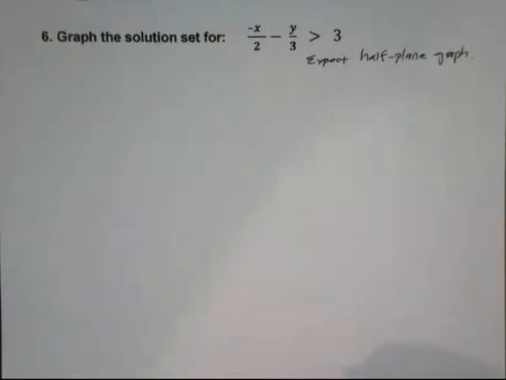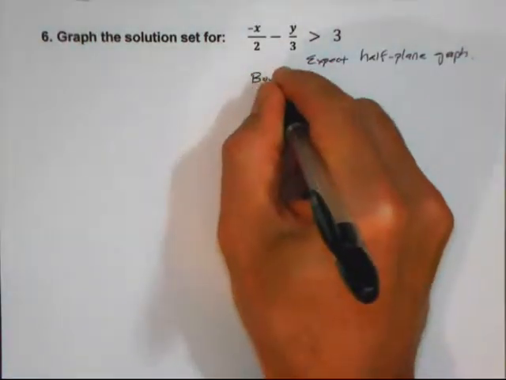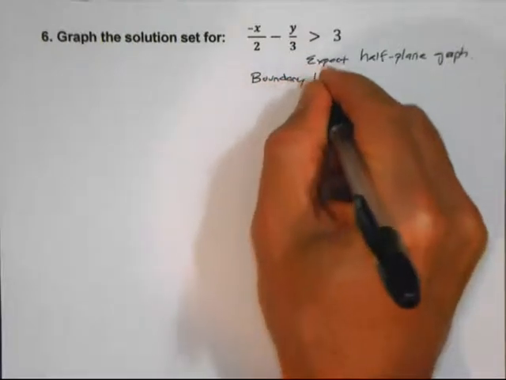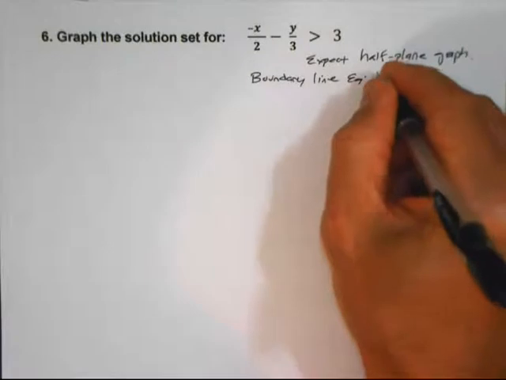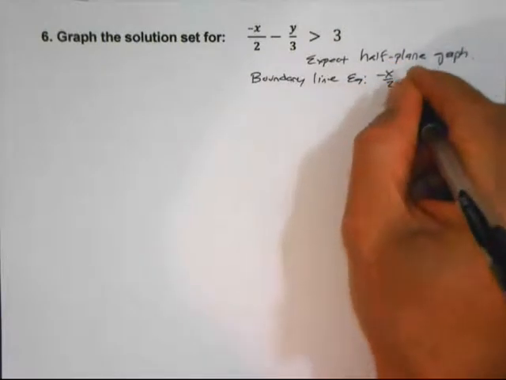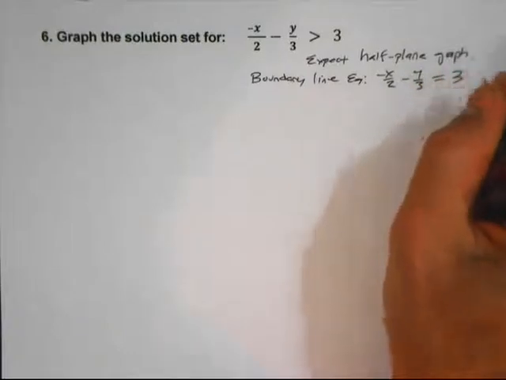Okay, how about that boundary line? The boundary line equation could be right here, negative x over 2 minus y over 3 equaling 3.